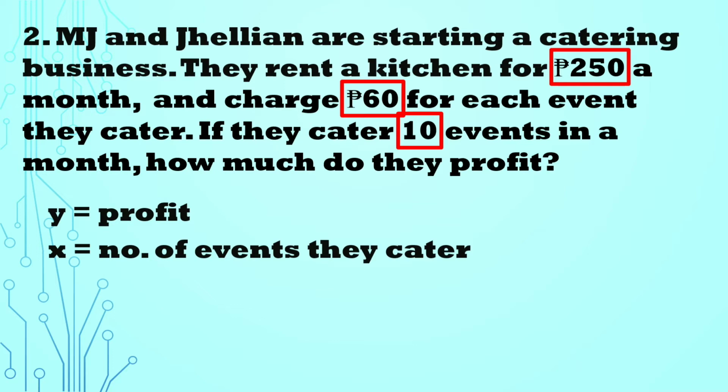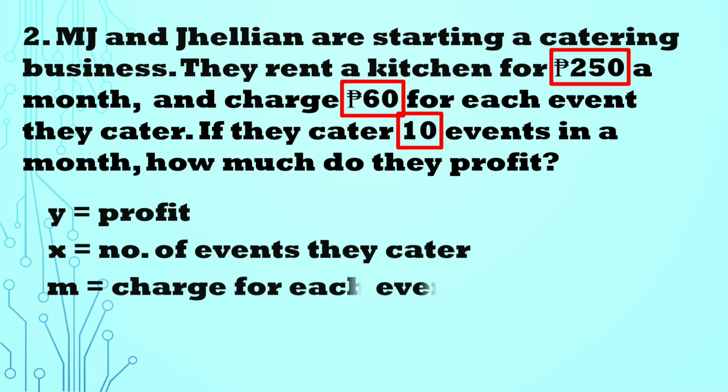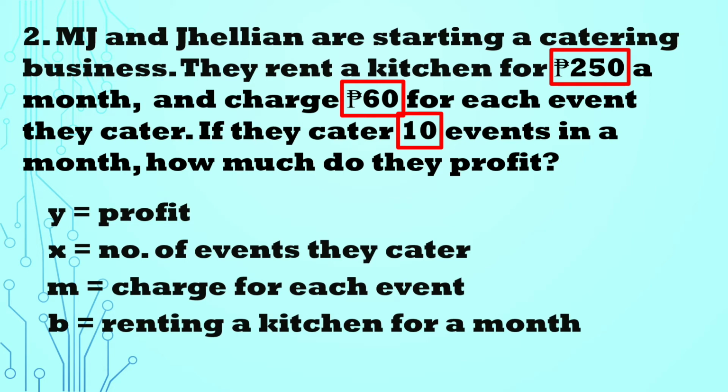So, ilan yung magiging profit nila kapag nag-cater sila ng 10 events sa isang buwan, in a month. And then, ang ating slope is the charge for each event. Ayan. So, alam naman natin kung magkano yung charge for each event, which is 60 pesos. At ang ating y-intercept is the renting a kitchen for a month. So, andito naman po sa ating given, which is 250 pesos.